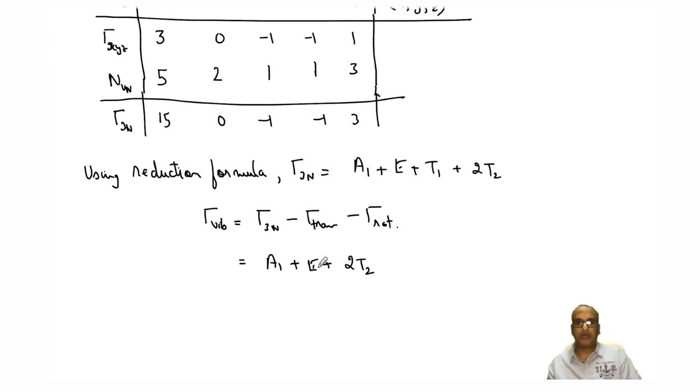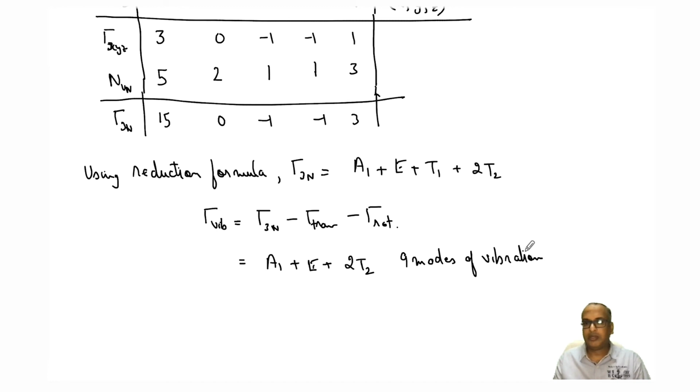So you can count whether you are getting 9 modes, because initially we saw that out of 15 modes, 9 modes should be vibrational. So you are getting 1 here, 2 here, because this is doubly degenerate. So 1 plus 2, 3, and 2 of them are triply degenerate, so 6 over here. So total 9 modes of vibration you are getting. So your calculation is correct. See, if you make any mistake, you will not get 9 modes here, right?